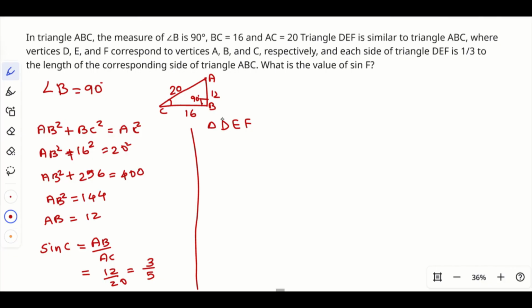Similar triangles have equal corresponding angles, right?